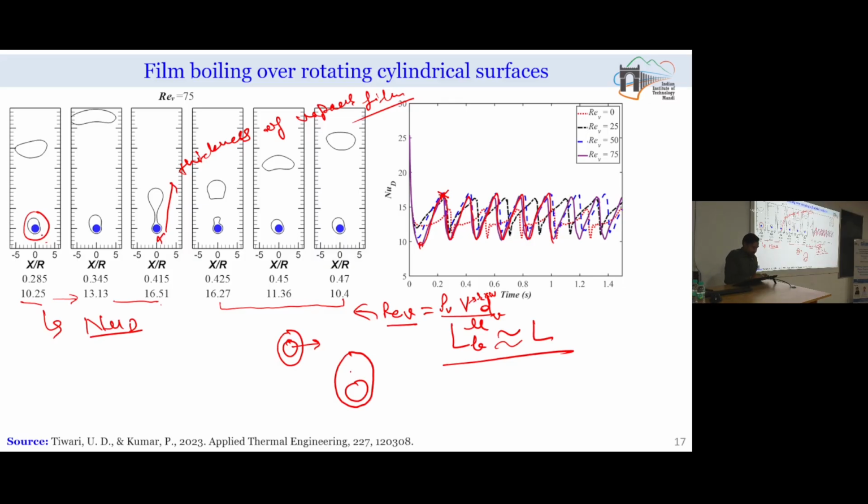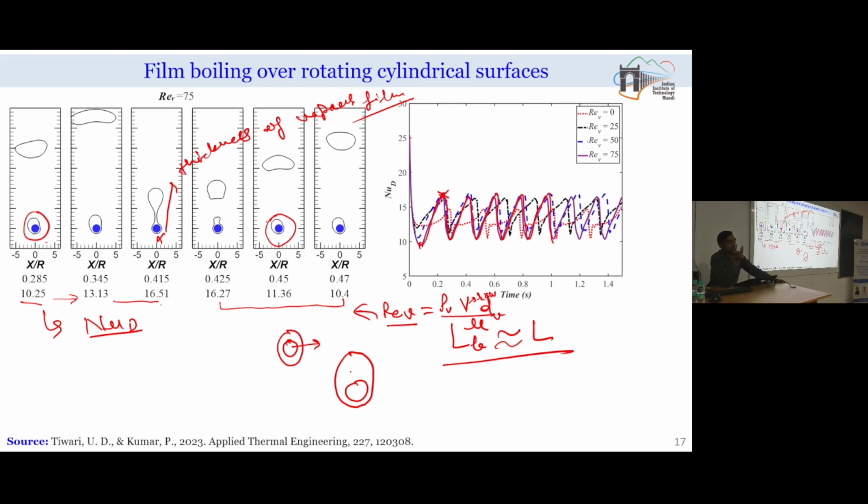In the other situation, when it has just departed and vapor has just started accumulating, the buoyancy effect is not high enough to pull the vapor in the upward direction, and the thickness of the vapor film around the heater is more, which increases the overall thermal resistance of this system.